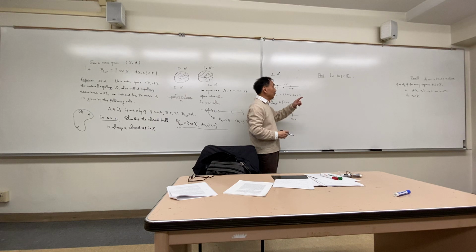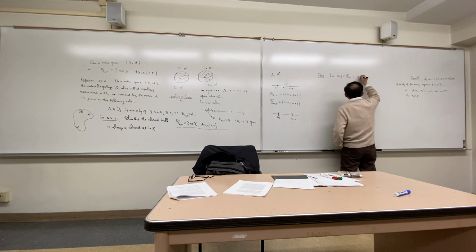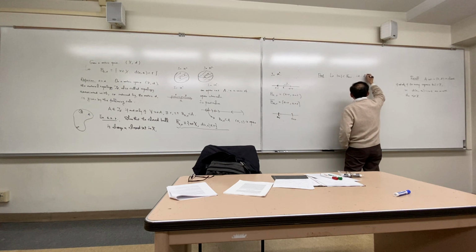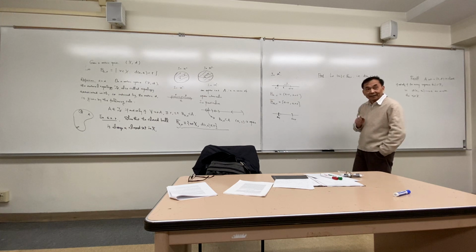So we need to take a sequence that belongs to this ball by definition. What does that mean? That means the distance of x_n and A is less than or equal to R, by definition.